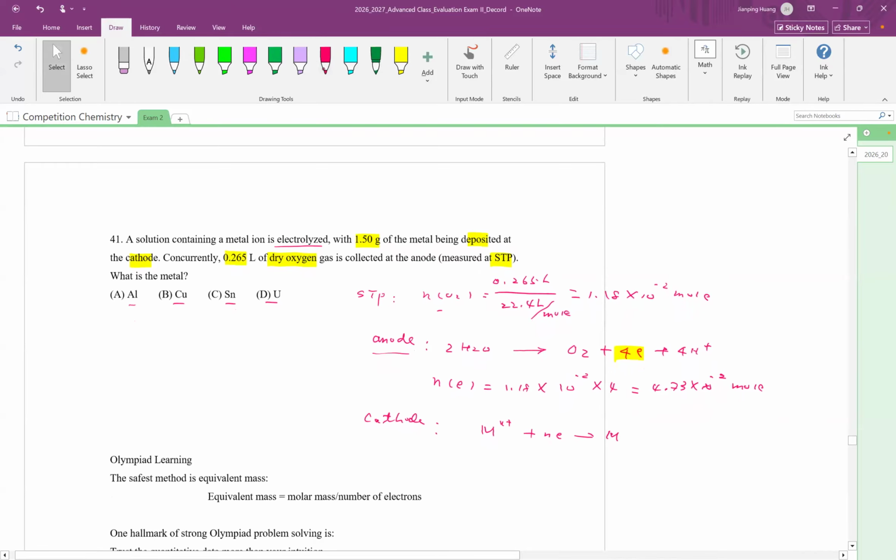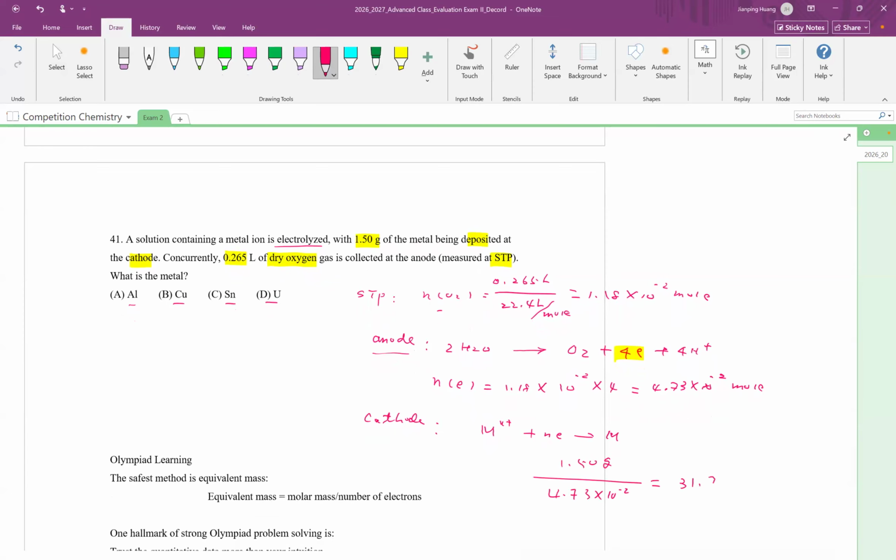So I take 1.50 grams and divide by 4.73 times 10 to the minus 2. I find 31.7 grams per mole of electrons.